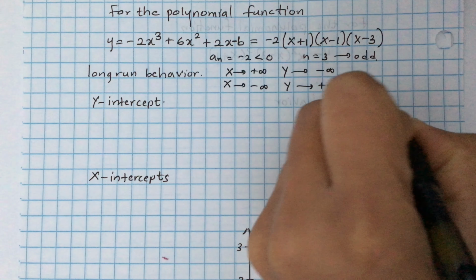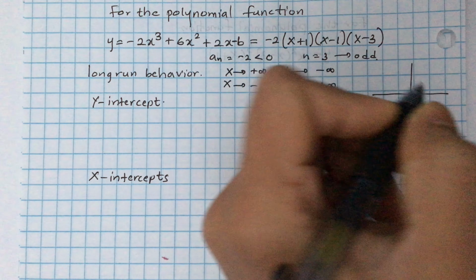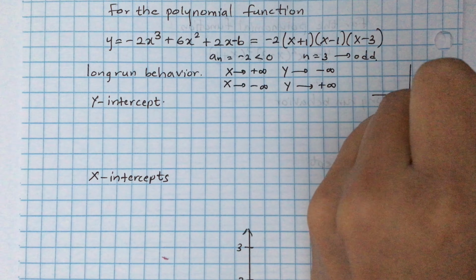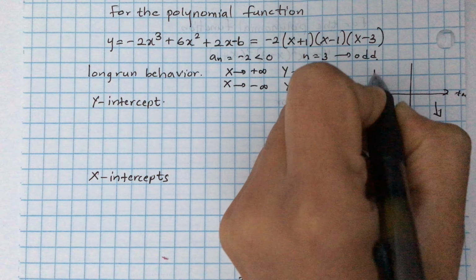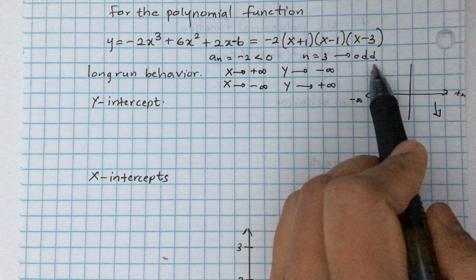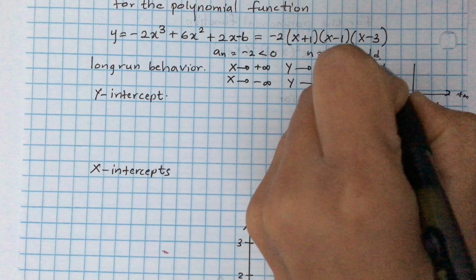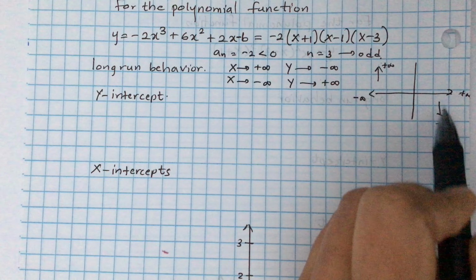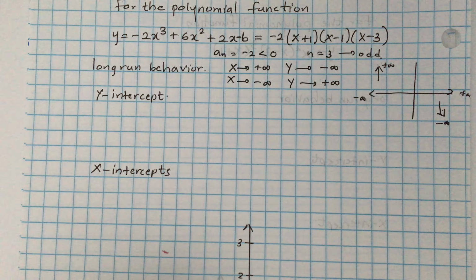So your graph end behavior would be like this. Your end behavior goes over here as x goes to positive infinity, and as x goes to negative infinity, y goes to positive infinity, right? So here negative infinity, positive infinity. So your graph is something like that, okay? So that's the long run behavior.